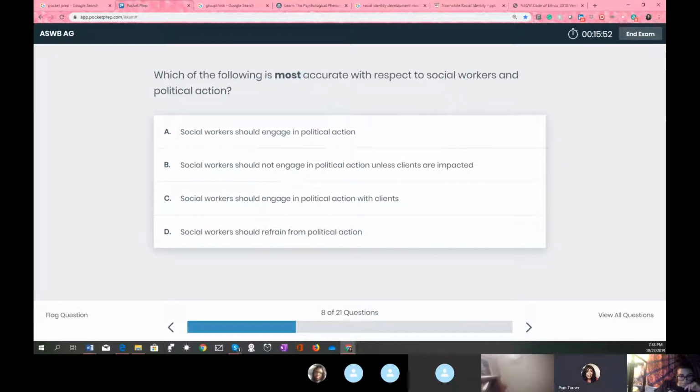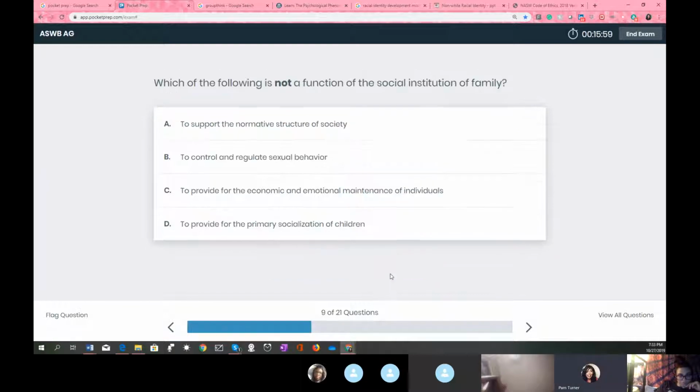So, does that change my answer? Should engage? Yeah. What is not a function of the social institution of family?